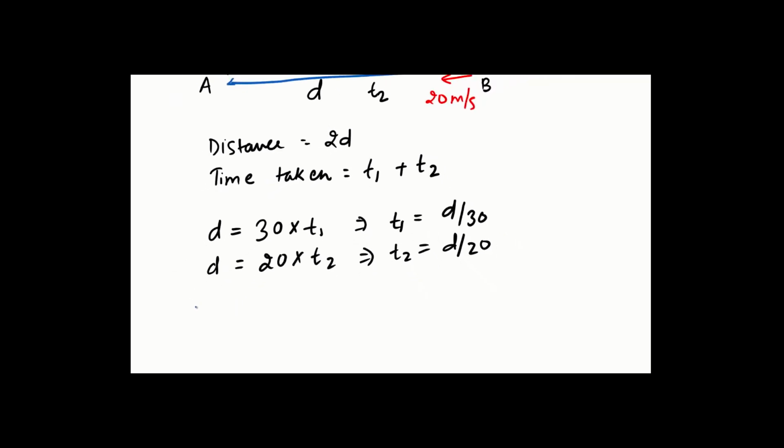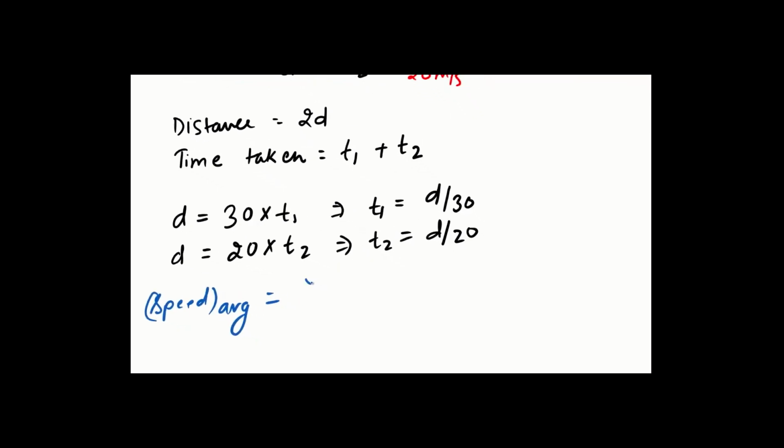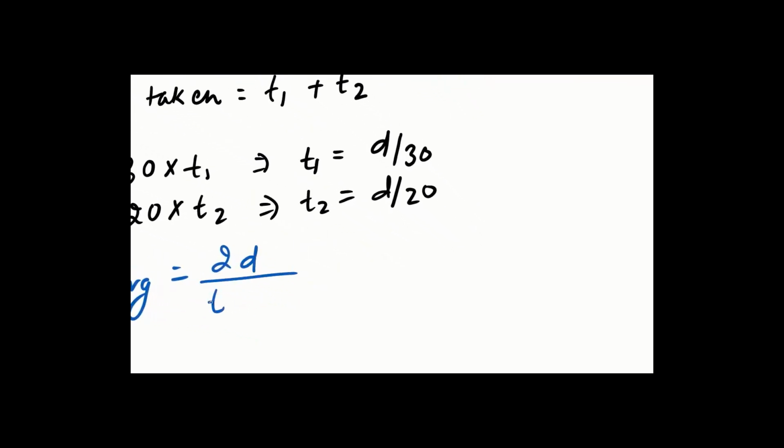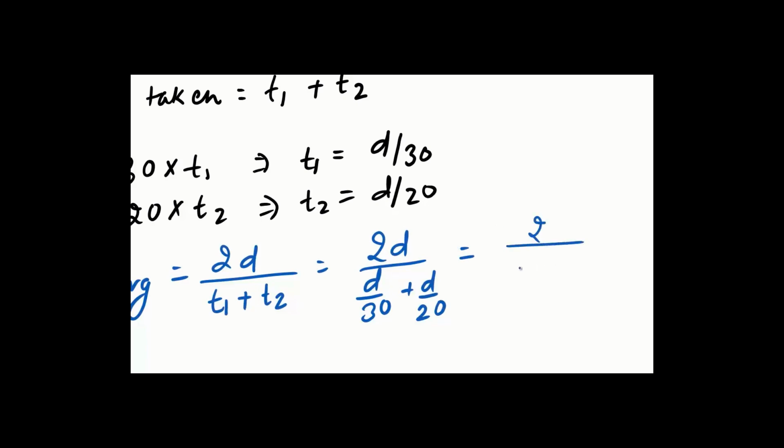What was the formula? Average speed is nothing but total distance, which is 2d, over total time, t1 plus t2. Let's substitute d over 30 plus d over 20. D gets cancelled, so it's just 2 divided by 1 over 30 plus 1 over 20.